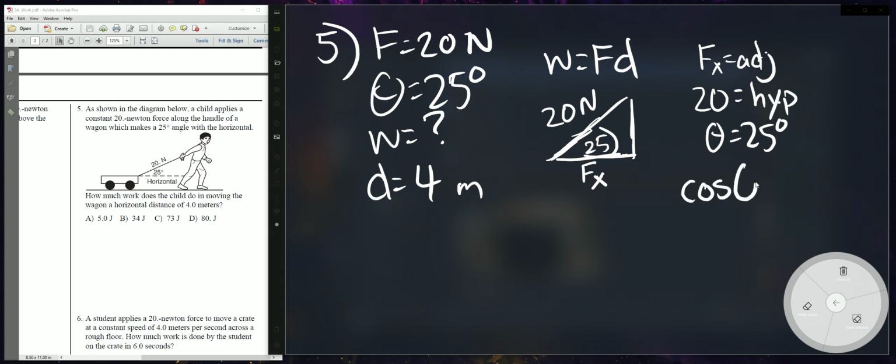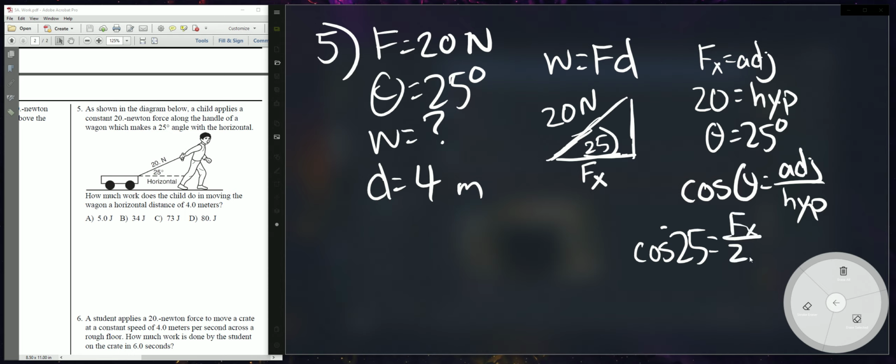The only thing we can use is cosine, because it has adjacent and hypotenuse. My angle is 25, my adjacent is Fx, my hypotenuse is 20. So move 20 to the other side: 20 cosine 25 is Fx.